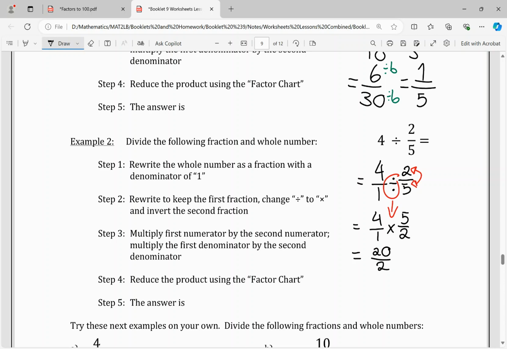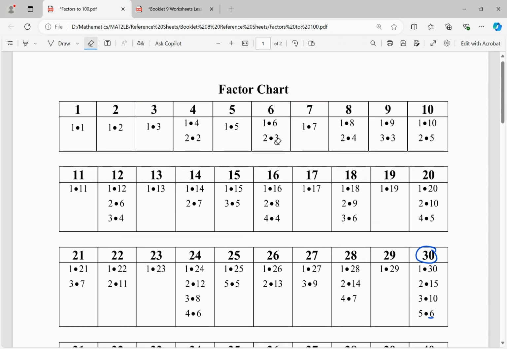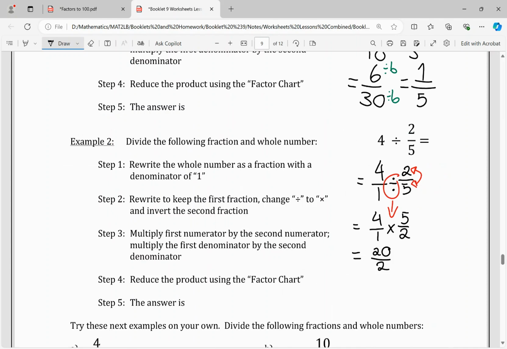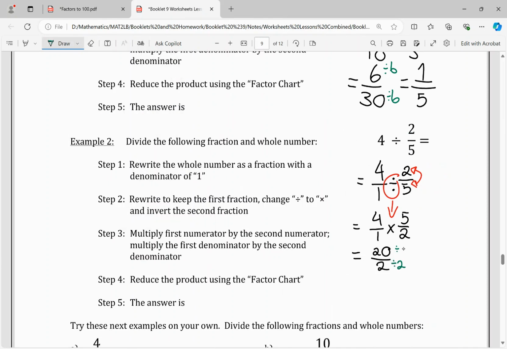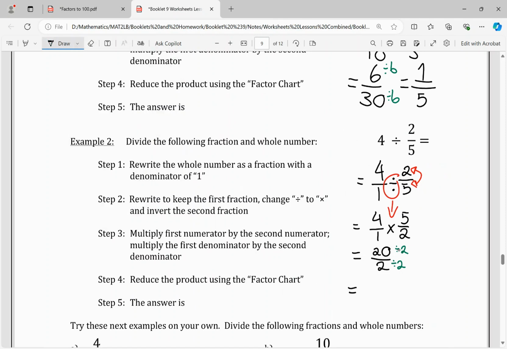And then finally, we check the factor chart to reduce. Our two numbers are 20 and 2. Here is 20, here is 2, and the largest number that they're going to have in common is 2. So that means that we divide both the numerator and the denominator by 2, giving us a final answer. 20 divided by 2 is 10, and 2 divided by 2 is just 1.